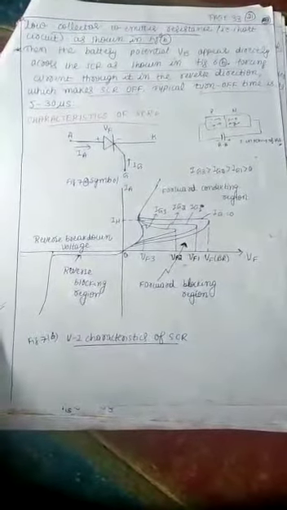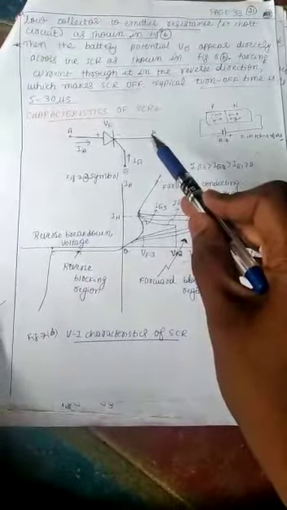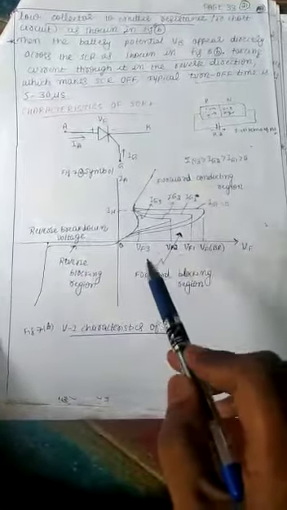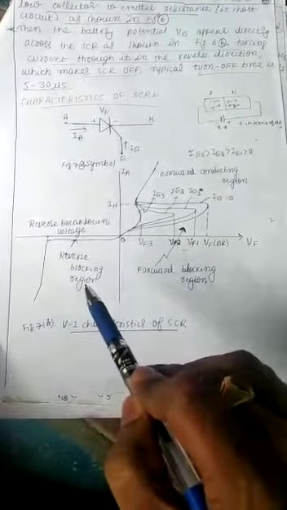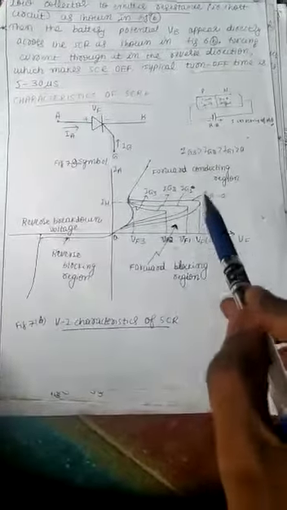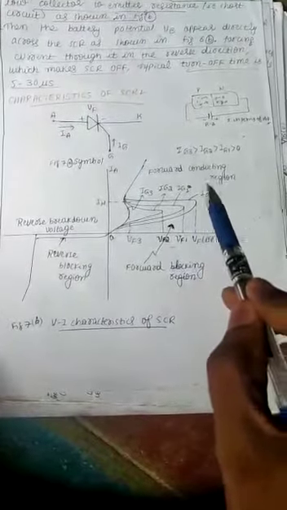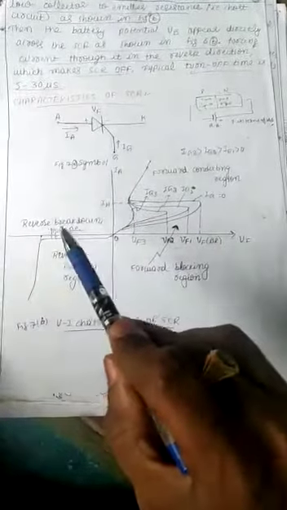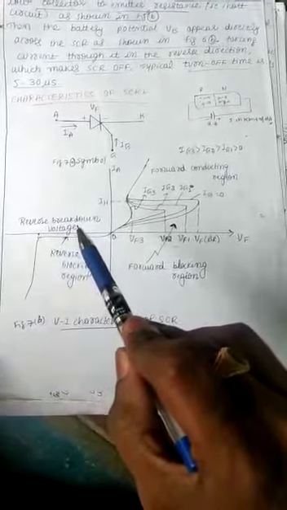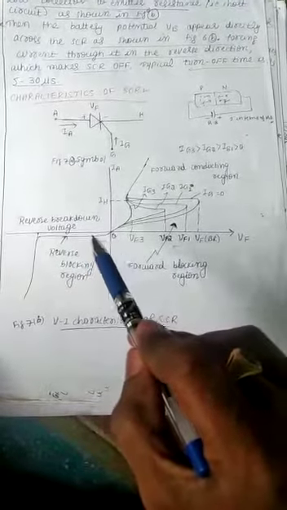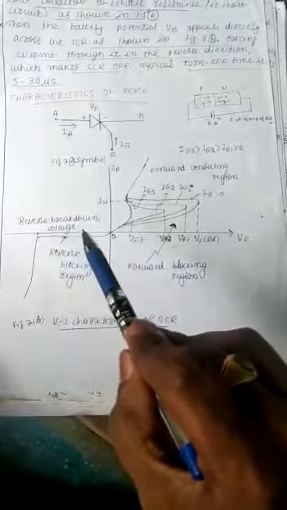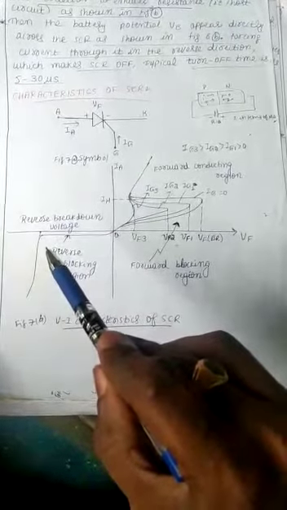If you come to the characteristics of SCR, there are 4 regions. One is the reverse blocking region, the forward blocking region, the forward conduction region, and the reverse breakdown voltage. As you know, the small reverse current is due to minority carriers across the junction.